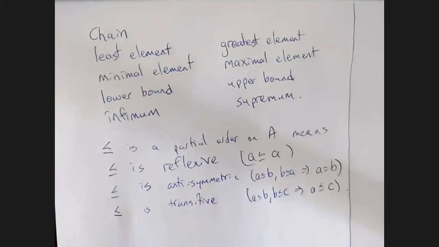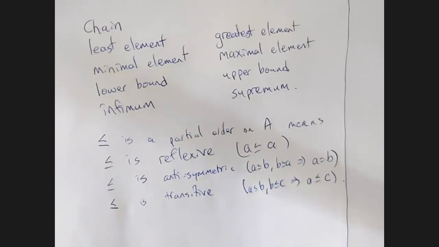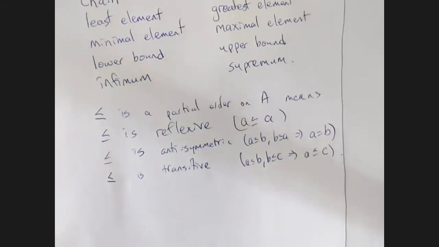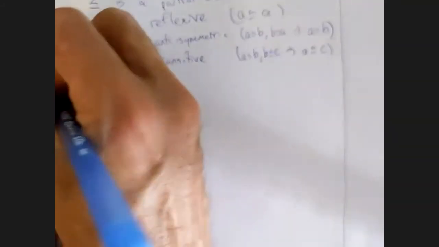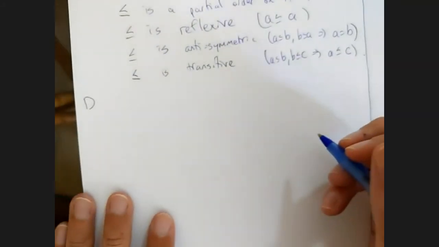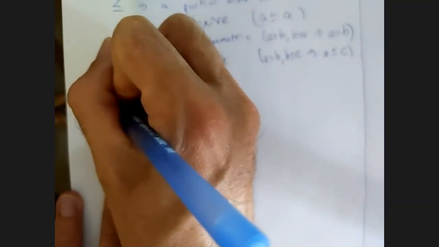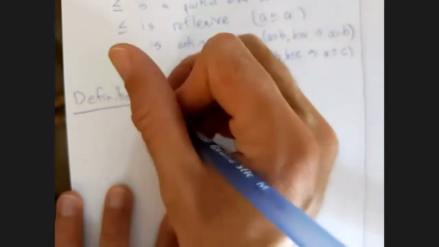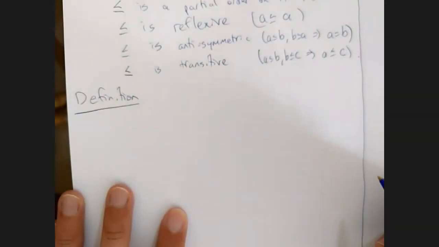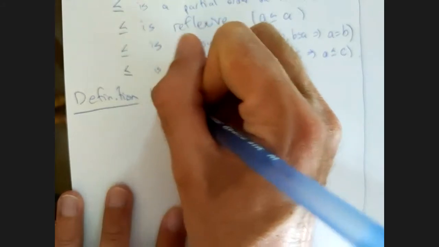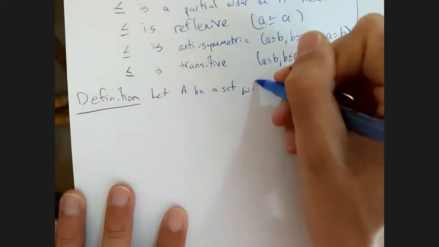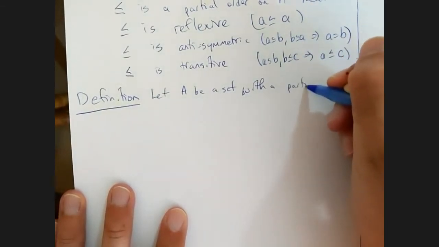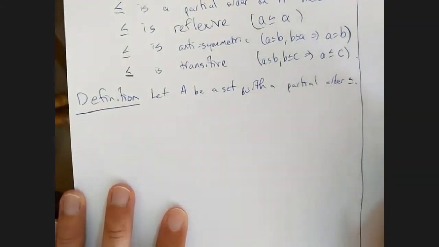So let's talk about what a chain is. We have a definition. Again, A is a partially ordered set, we'll just say with a partial order less than or equal to.